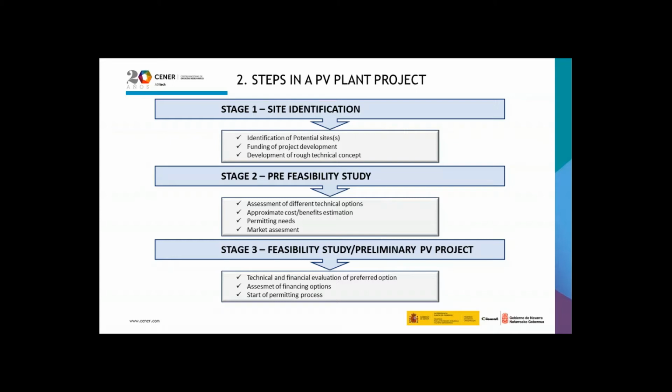Stage 3, feasibility study and preliminary PV project, contains the technical and financial evaluation of the preferred option, the assessment of financing options, and the start of the permitting process.